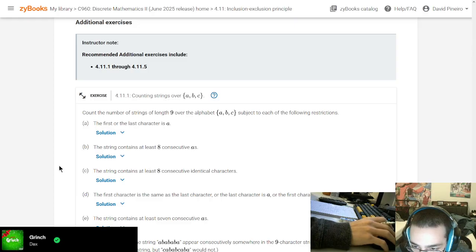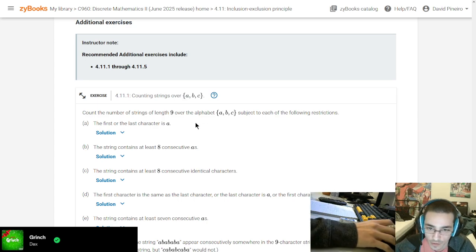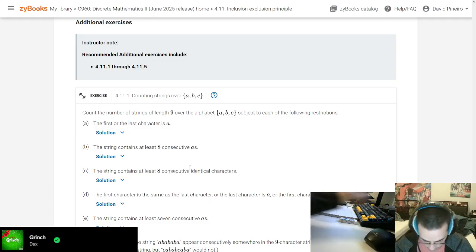If we had the 8 consecutive characters on the left side, that's 3 times 3 possibilities, because we could have 3 different characters for the consecutive run, and then the last character is 3 possibilities.